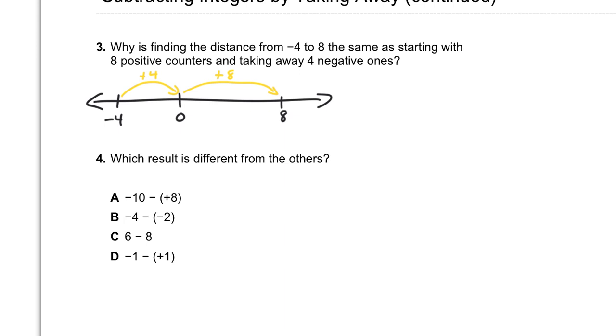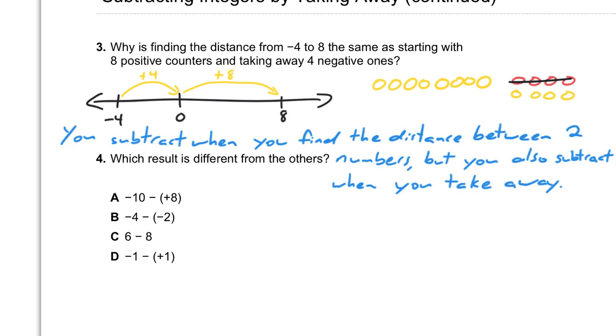When you start with 8 positive counters, 1, 2, 3, 4, 5, 6, 7, 8, and you take away 4 negative ones, you need some 0 pairs so that you can take something away. And when you take away those negative ones, you end up with 12. So the answer to this question is this. You subtract when you find the distance between two numbers, but you also subtract when you take away.